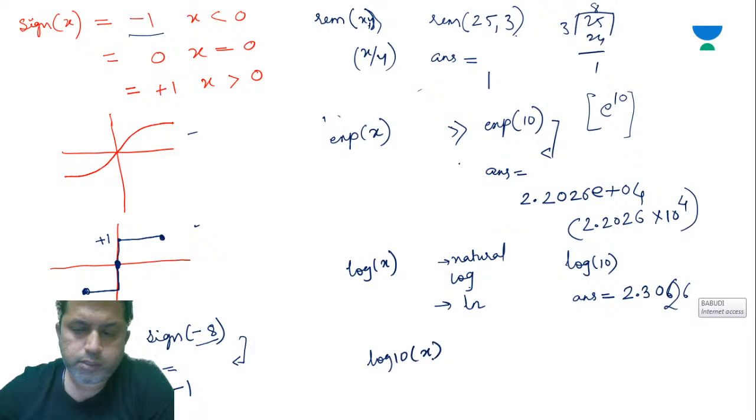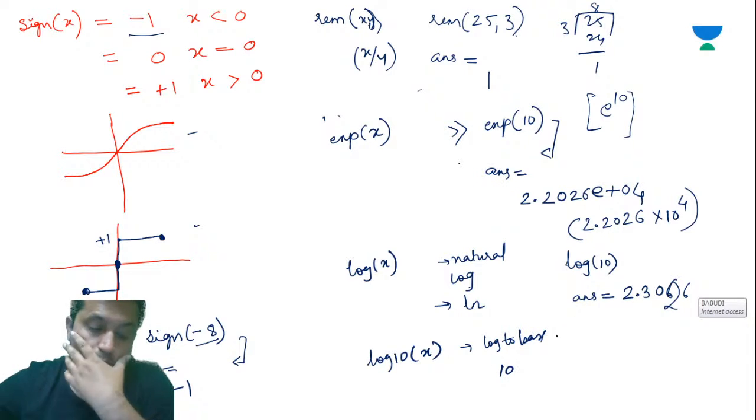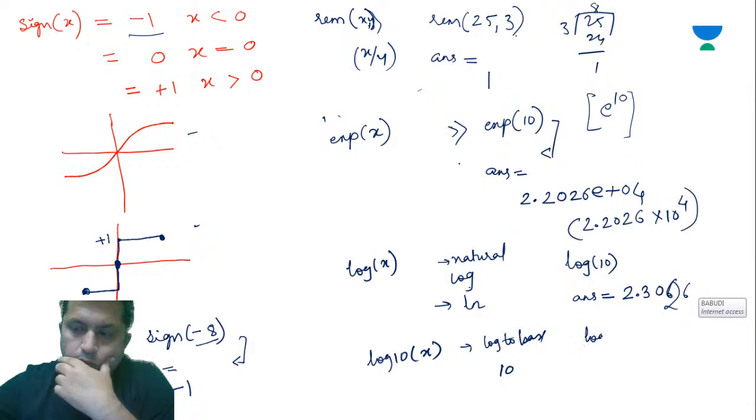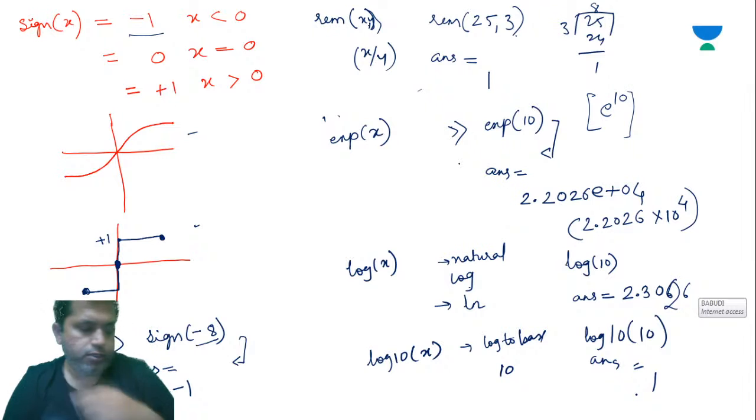Log10 x computes log to the base 10. Naturally, what is log 10 of 10? It is 1.